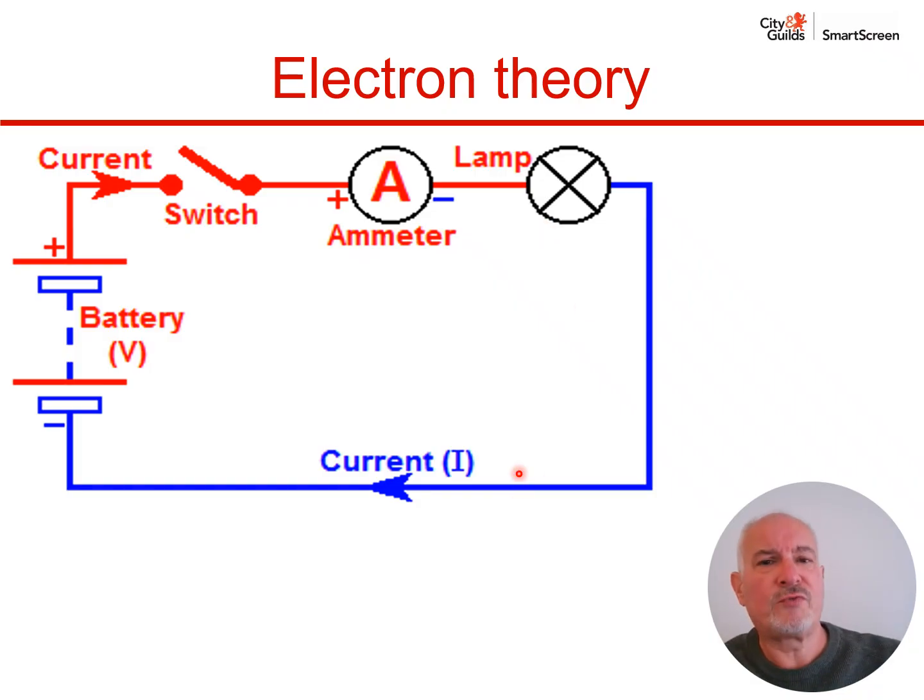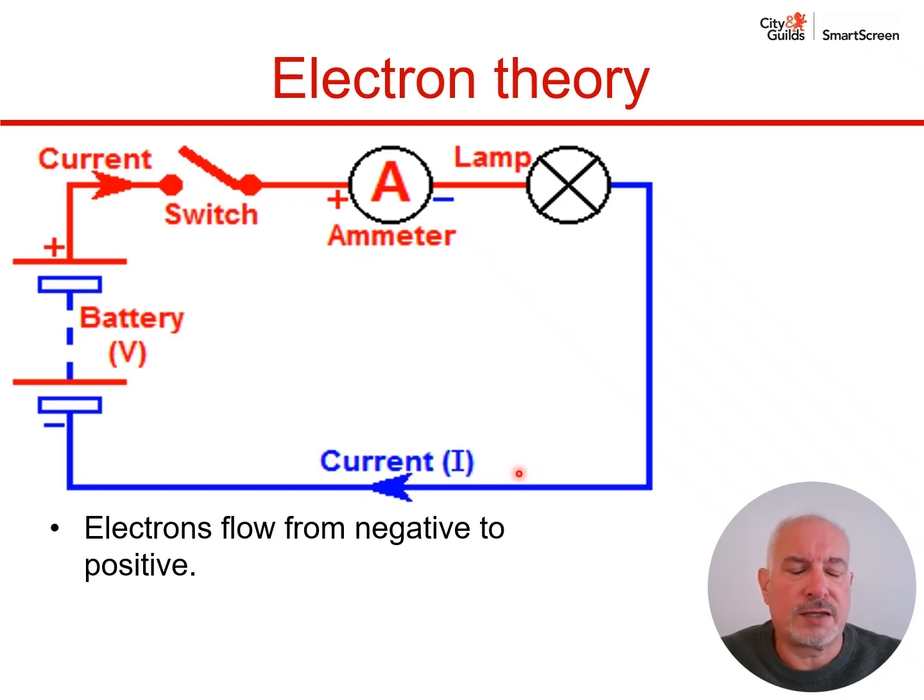And based on what we've already looked at, you might notice a problem with those arrows. Can you see what it is? Yes, we've said that electrons flow from negative to positive. And yet here in this diagram, the arrows are showing a flow of current from positive to negative. So why is that? Well, it all dates back to when electrical circuits were first discovered and experiments were being done.